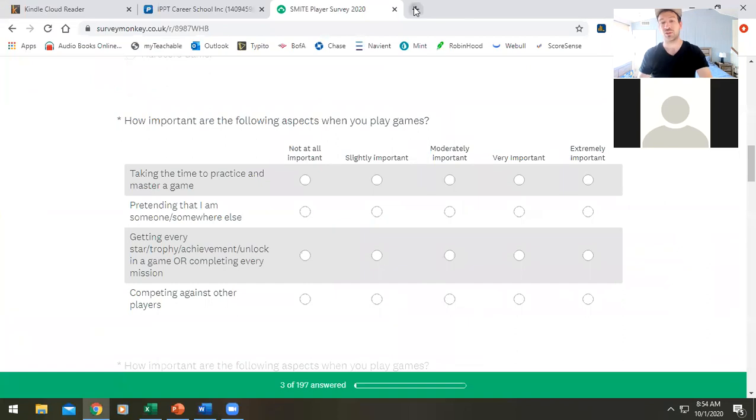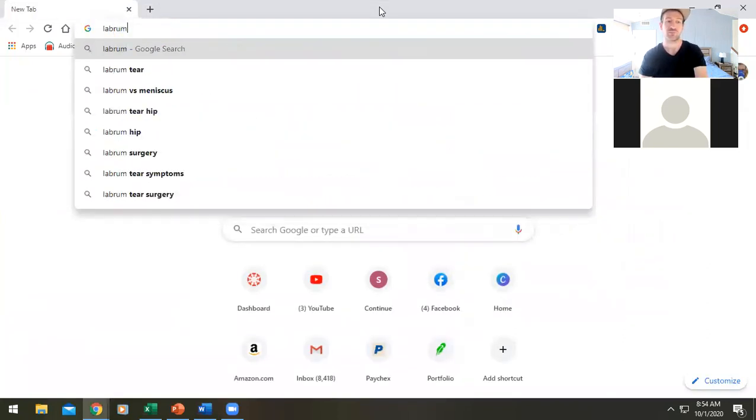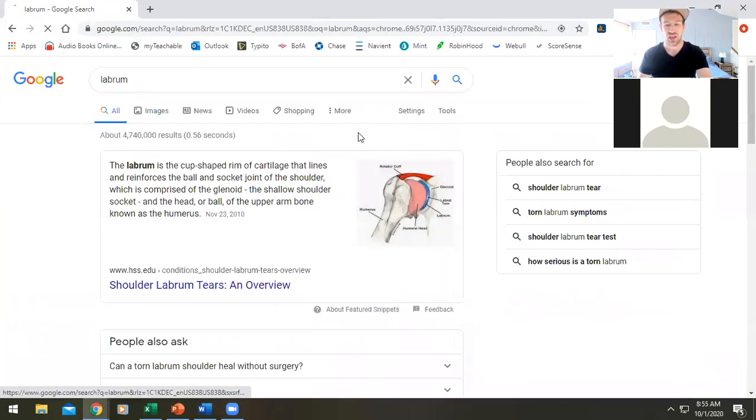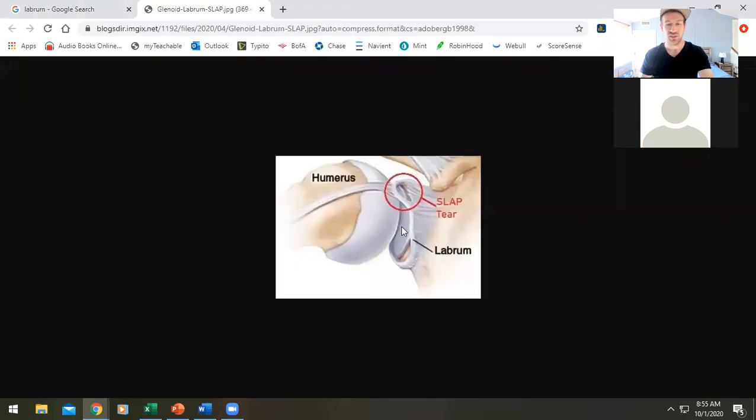You've also got special materials throughout your body called labrums. A labrum is this little flap that you'll see in here, right? That is there to create a little more concavity. It's almost like the meniscus of your ball and socket joints.